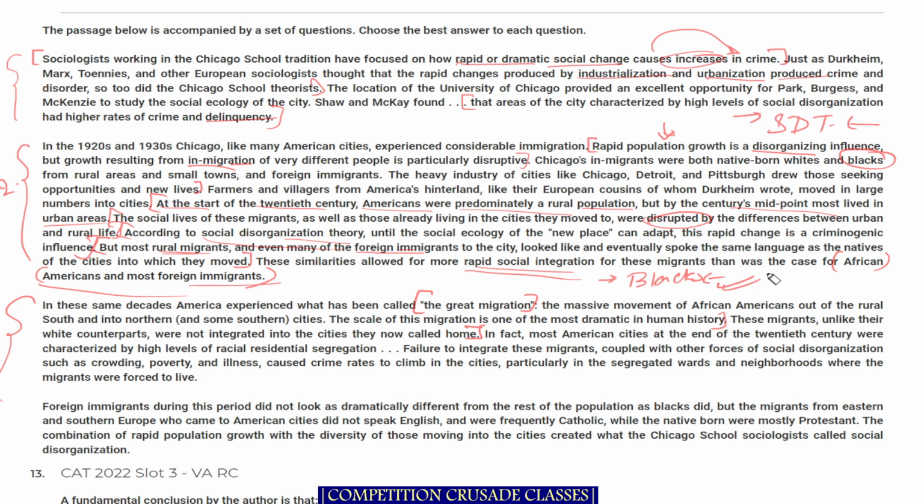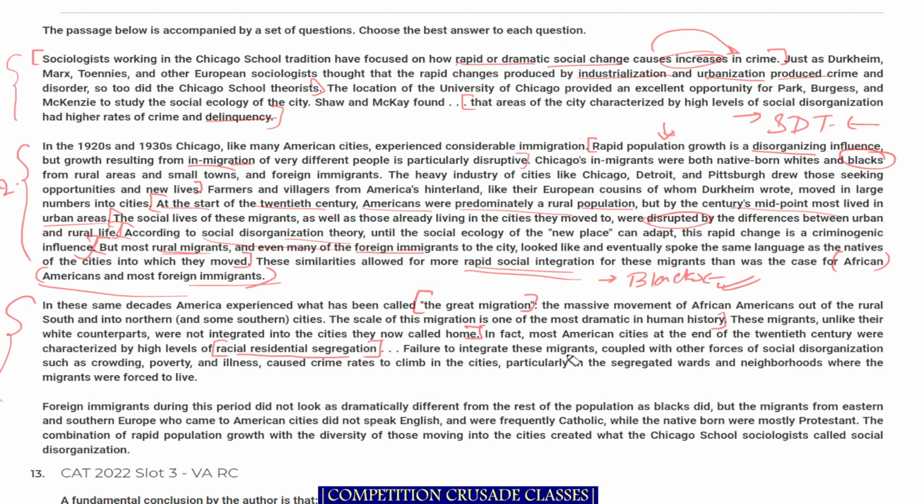Which people? The blacks. In fact, most of the American cities at the end of the 20th century were characterized by a high level of racial residential segregation. Do we understand this? Racial residential segregation? Yes.